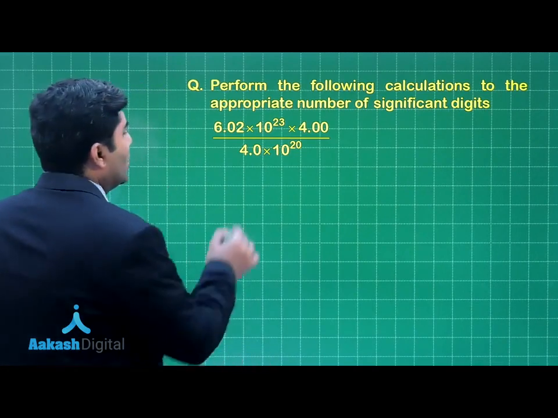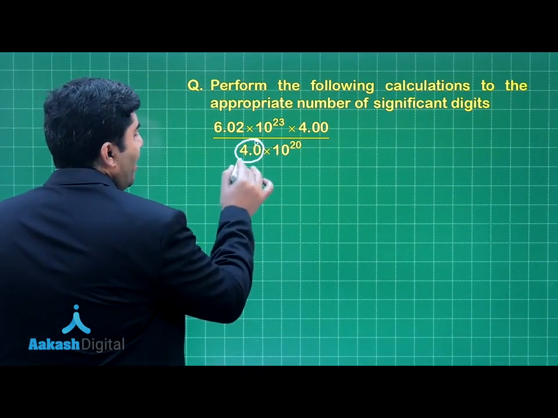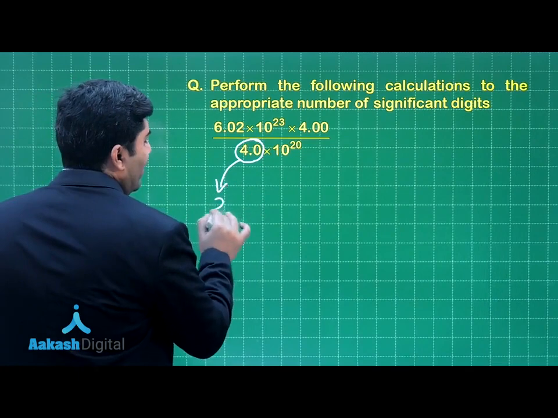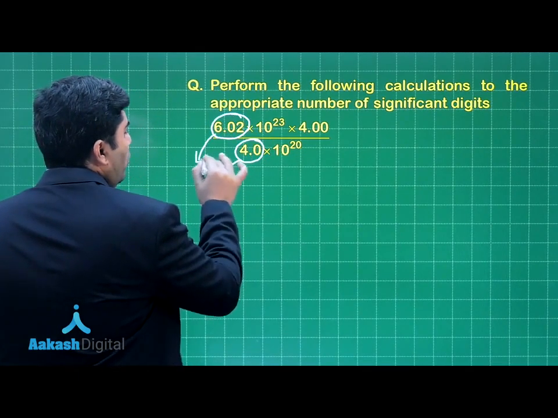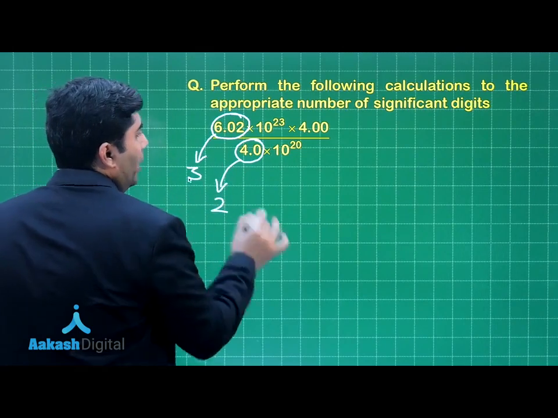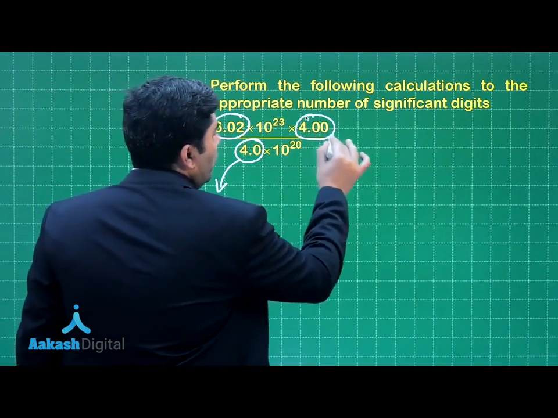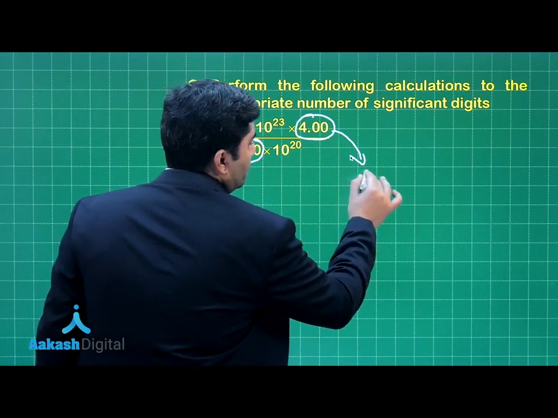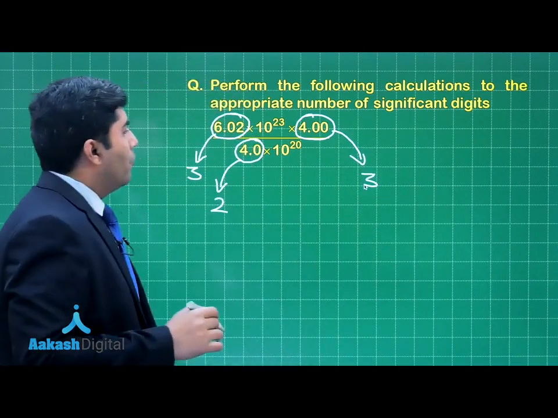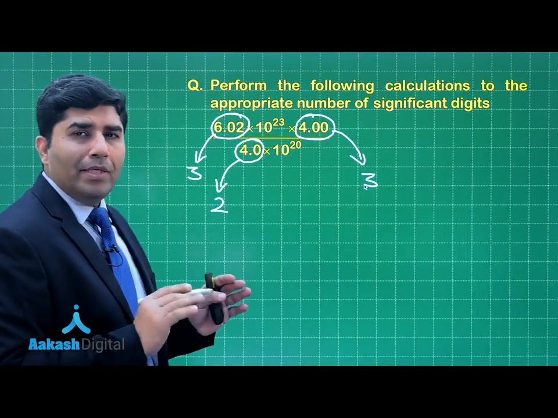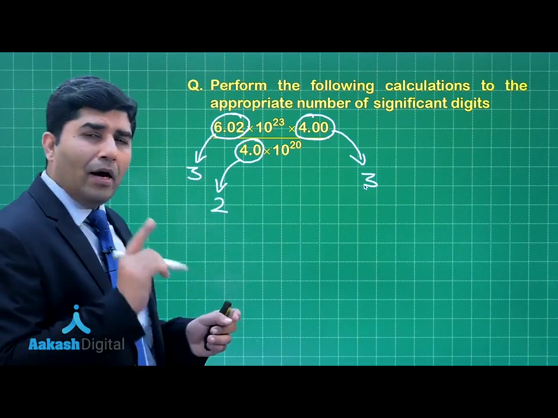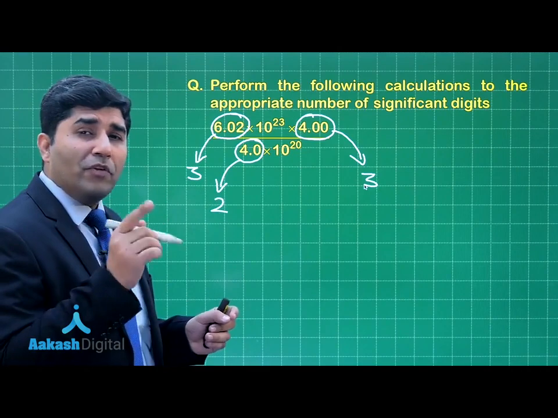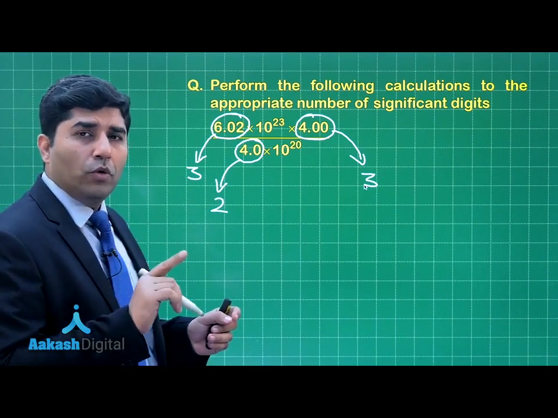If we talk about this 4.0, it has 2 significant digits in total. 6.02 has 3, and 4.00 has 3 significant figures in total. It means our answer will depend on this 4.0, and in our answer the total number of significant figures will be 2, right?